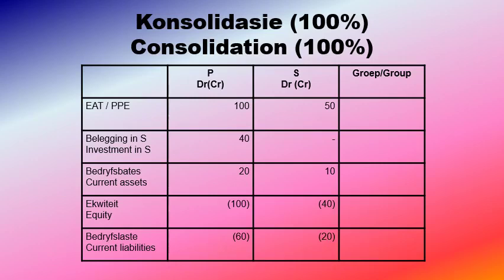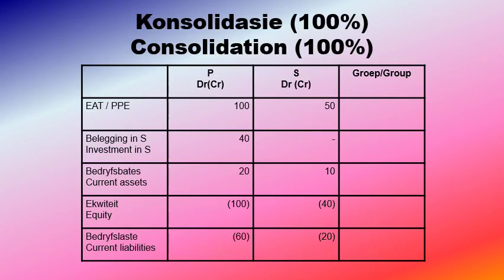It means P owns all the shares in S. So you can see that the line called investment in S in P's books is probably the investment that they have in S. And then you'll see that the equity in S is equal to that exact same 40, meaning the investment in S is an asset in P's books, but it's equity in S's books.